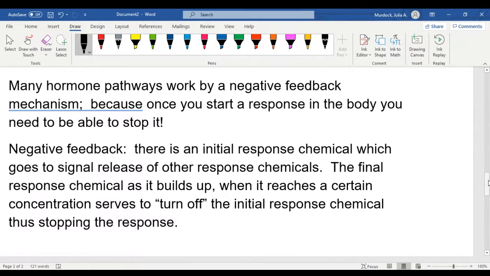There's an initial response chemical which goes to signal release of other response chemicals. And the final response builds up, and when it reaches a certain concentration, it goes back to turn off the first chemical signal. The situation with insulin and glucagon that I just told you about is like a double negative feedback pathway.